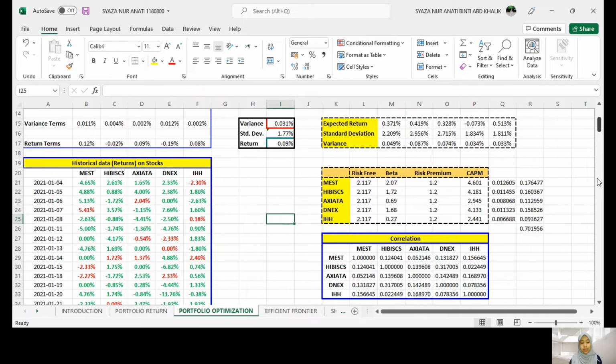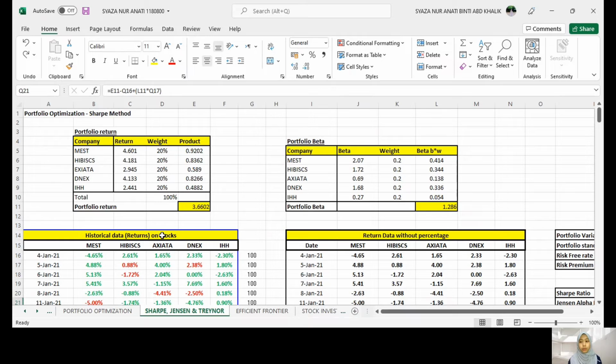A higher beta means more risk, but a portfolio of high beta stocks could exist somewhere. Therefore, the higher the beta, the higher the CAPM will be recorded. As for the example of the five stocks that have been chosen in my portfolio, it shows that Metron company recorded the highest CAPM as it also recorded the highest amount of beta. It shows that Metron company has higher risk than the other companies.